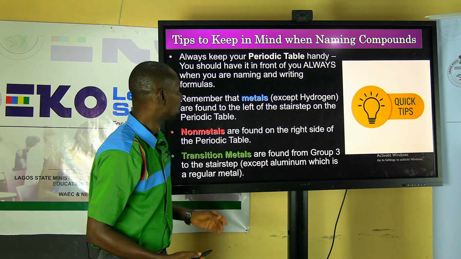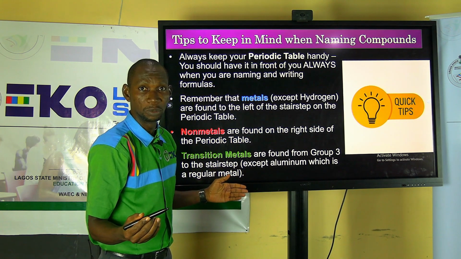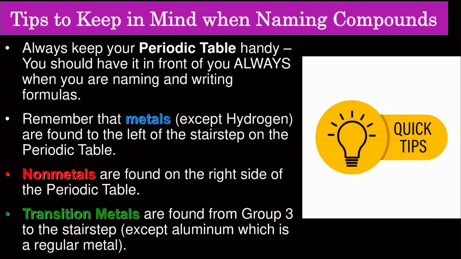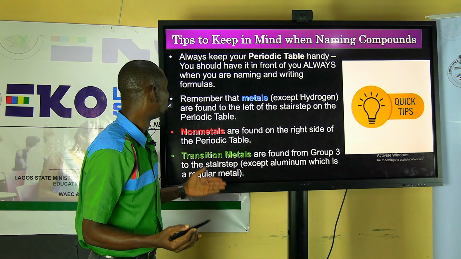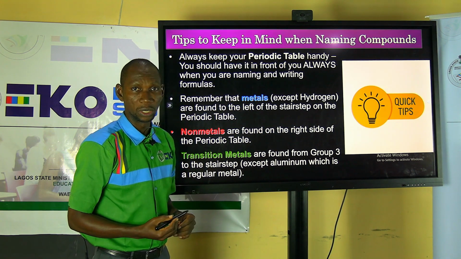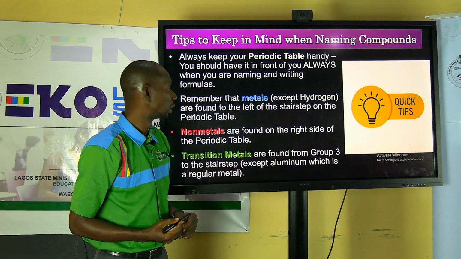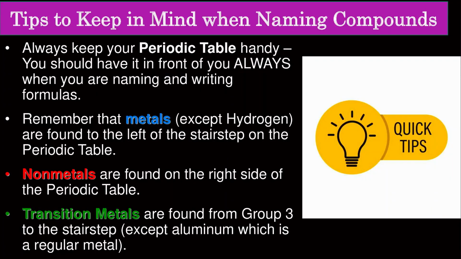Now, you must have your periodic table by now, because I have said your periodic table is a very important tool. Always keep your periodic table handy. You should have it in front of you always, especially when you're learning chemistry. Remember that metals on the periodic table are usually positioned to the left, while the non-metals are found to the right.